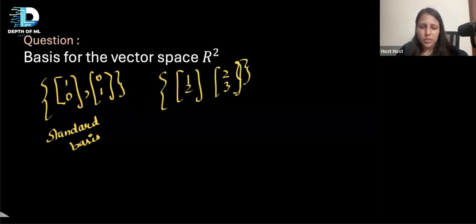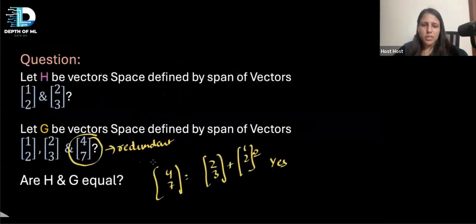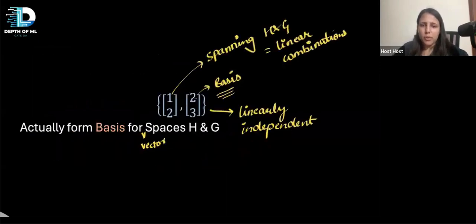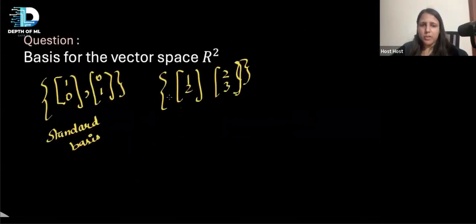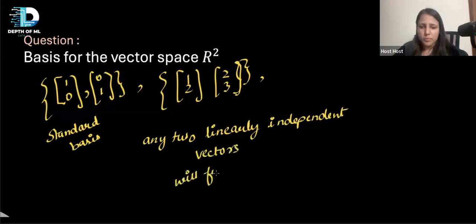The vectors that we were seeing already are also a basis. Here H and G were already equal to R2, and 1, 2 and 2, 3 were also a basis of R2. So any two linearly independent vectors will form a basis of R2.